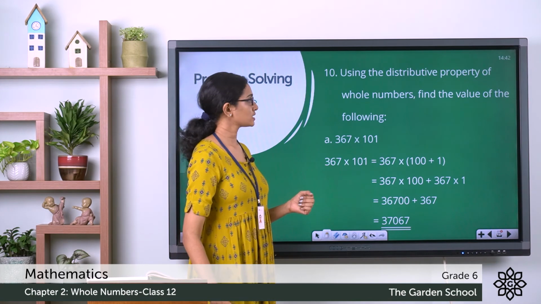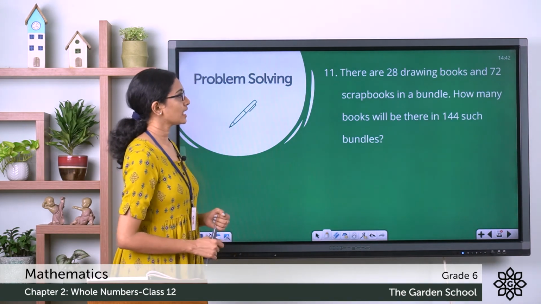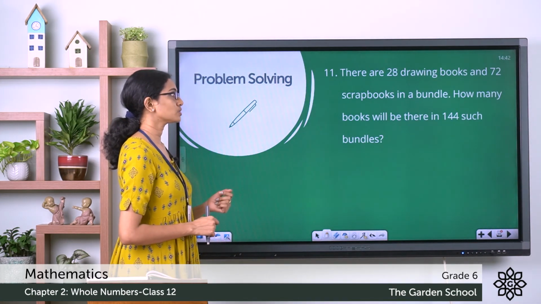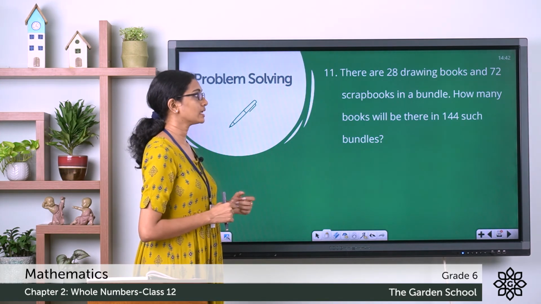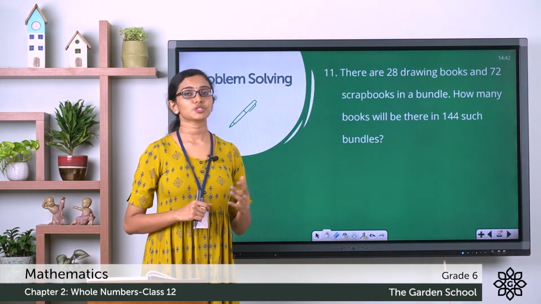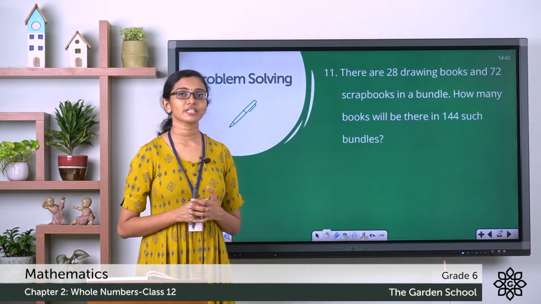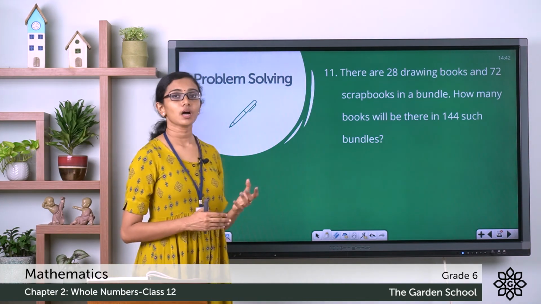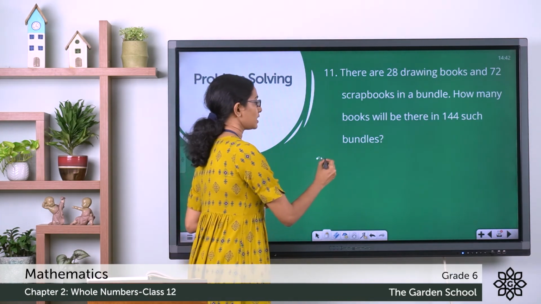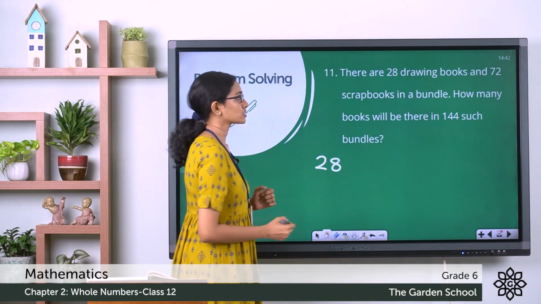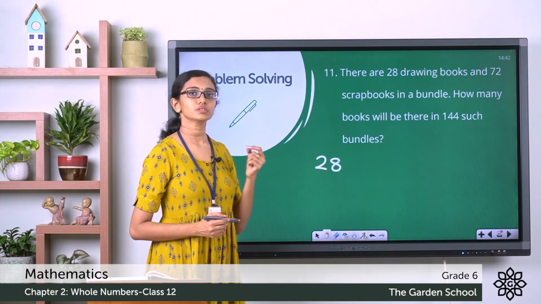Now the next question is, there are 28 drawing books and 72 scrap books in a bundle. How many books will be there in 144 such bundles? So what is mentioned in the question? There are bundles of books, and in one bundle there are 28 drawing books and 72 scrap books.